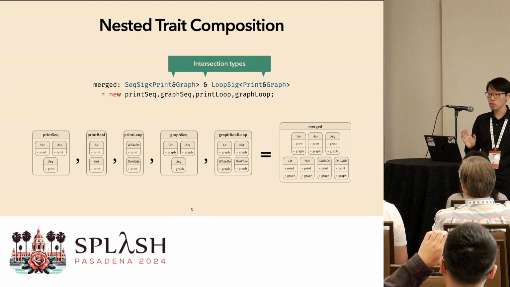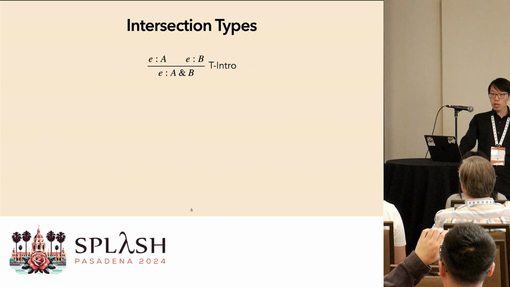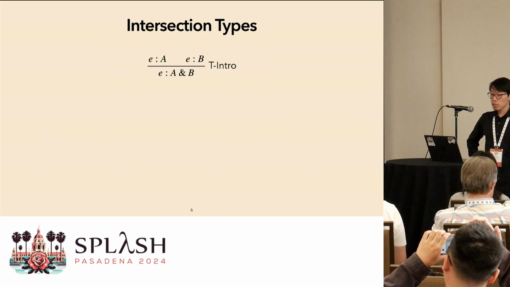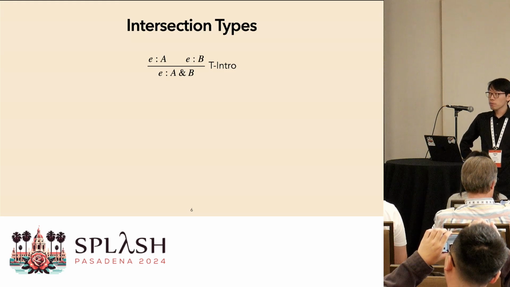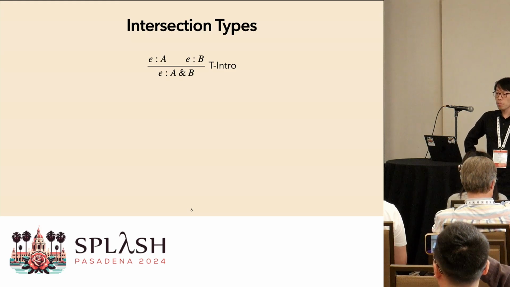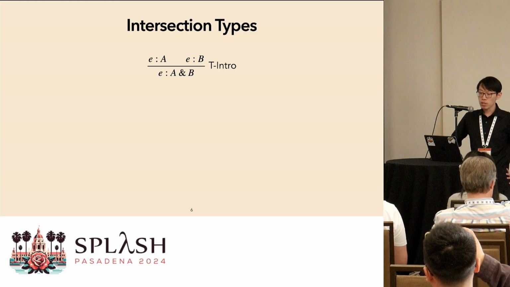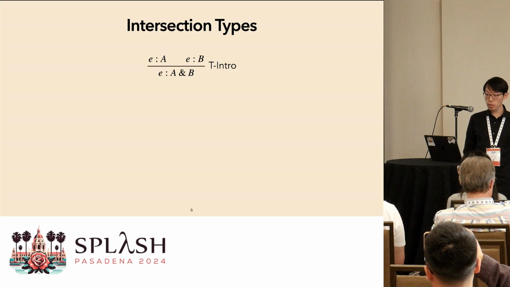Now we dive into the type theory below our imperative computational programming. Here, an intersection type basically means if your expression E has type A, and E also has type B, then E has the intersection type of A and B. That's the basic idea.